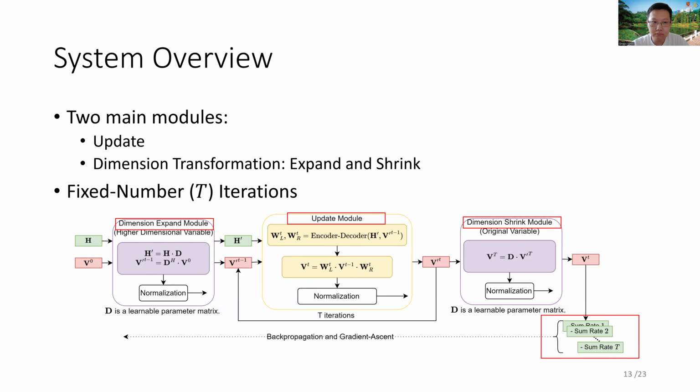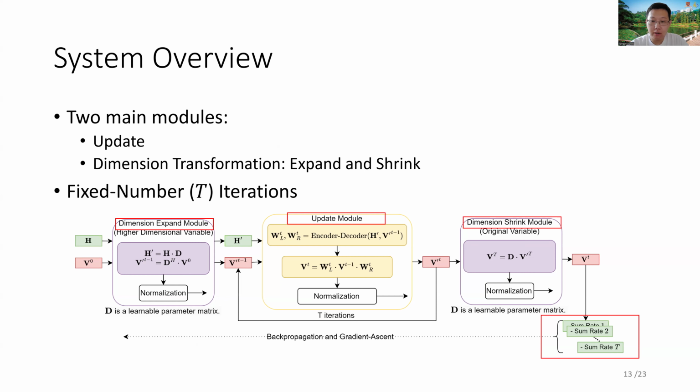Now it's time to have an overview of our whole system. As introduced before, we have two main modules in each iteration. After initialization, we first apply the learnable parameter matrix D to get the initial precoding V prime and the channel H prime in the higher dimensional space. Then we apply the update module to update V prime with two parameter matrices WL and WR.